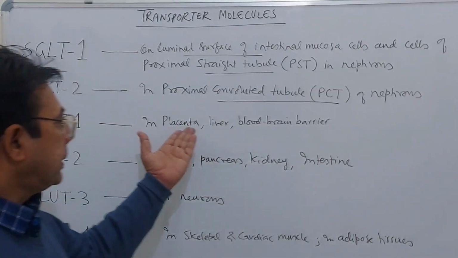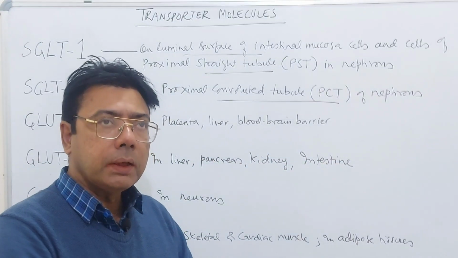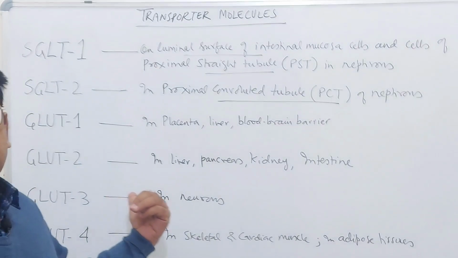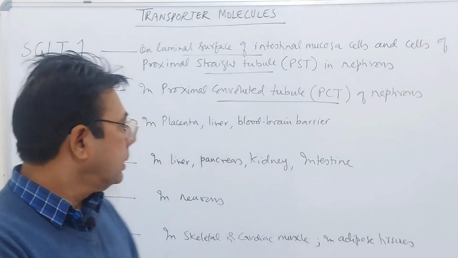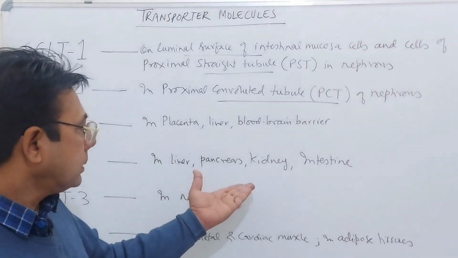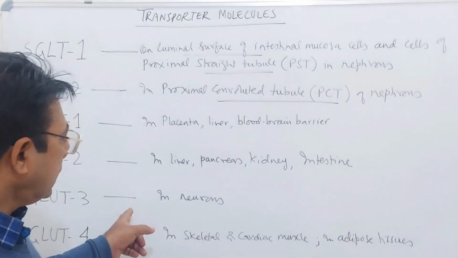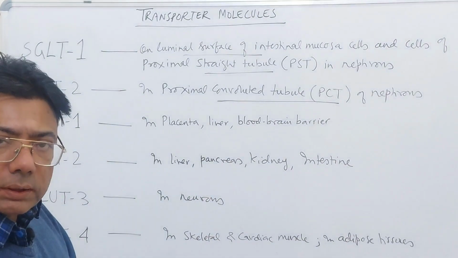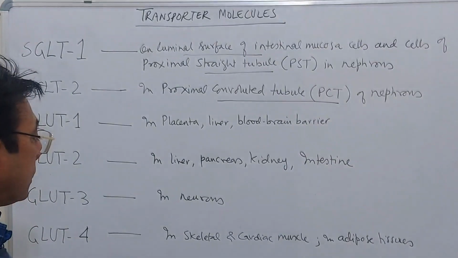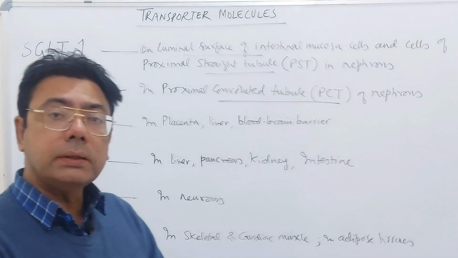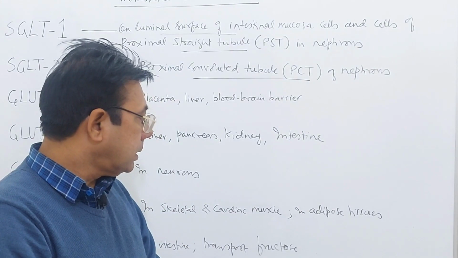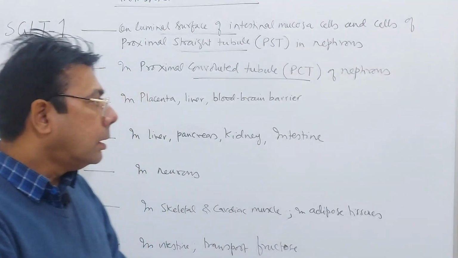GLUT1 are common in placenta, liver and blood-brain barrier. GLUT2, which I described with reference to intestinal mucosa cells, are found in liver, pancreas and kidney also, apart from intestine. GLUT3 are specific for neurons in our central nervous system. GLUT4 are found in skeletal muscles, heart muscles and adipose tissues.